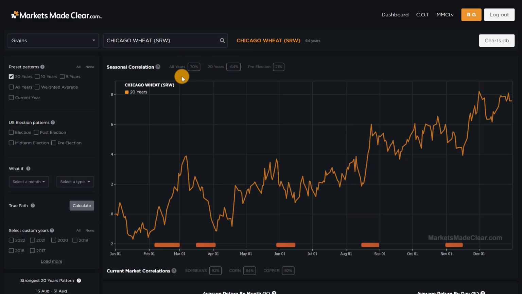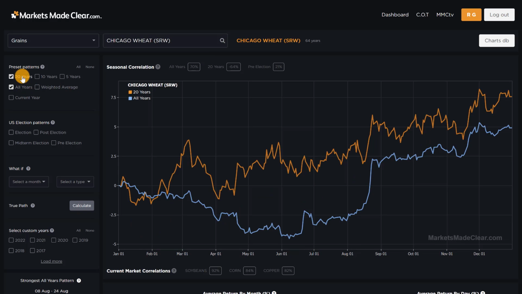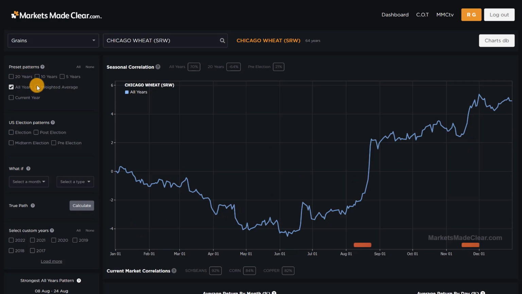However, if we take a look at the all-year pattern, it's a strong positive correlation, at 70% positive. We have 64 years for Chicago wheat, so we have a lot of history, and the all-year pattern is showing a very strong correlation. So if we select the all-year pattern and deselect the 20-year pattern, you can see there's a very, very different formation.